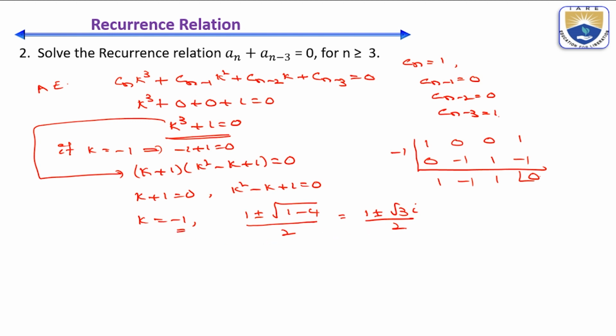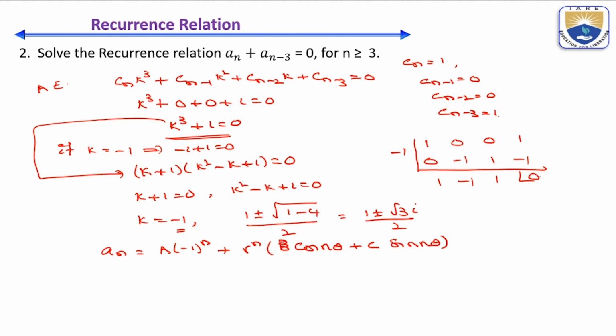Now we are going to find the solution for this. So for that, I am going to write the solution a_n is equal to A into k1 to the power of n, so it is nothing but minus 1 to the power of n, plus r to the power of n into b cos n theta plus c sin n theta.